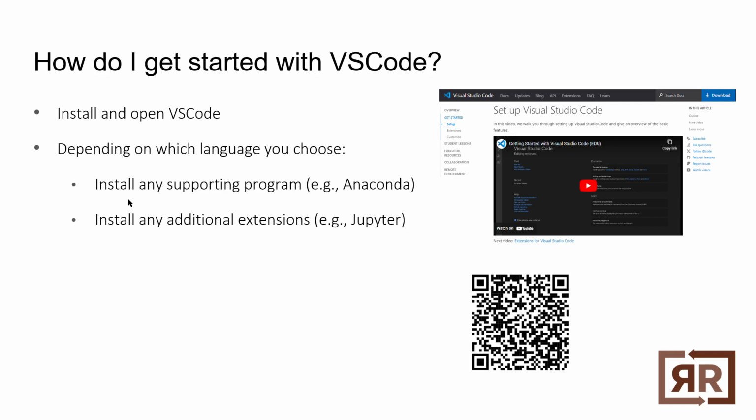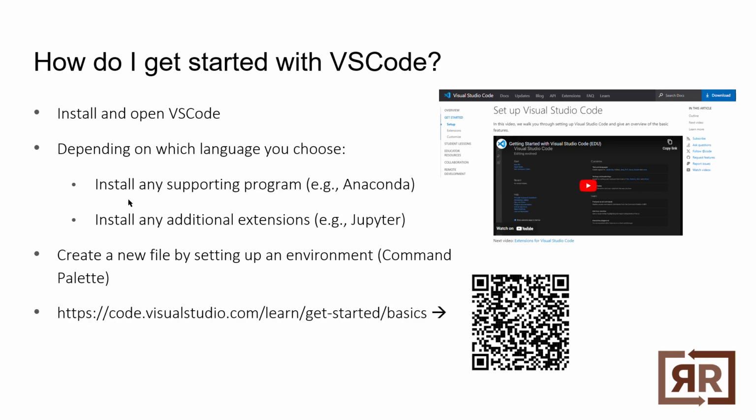And the extension that we're going to install as well is Jupyter, because that's the IDE that I prefer to work in. After that, you would just create a new file by setting up an environment, and we'll take a look at how to do that a little bit later in this video. And once again, for those of you who may want to follow along, this QR code takes you to the website that walks you through the steps.